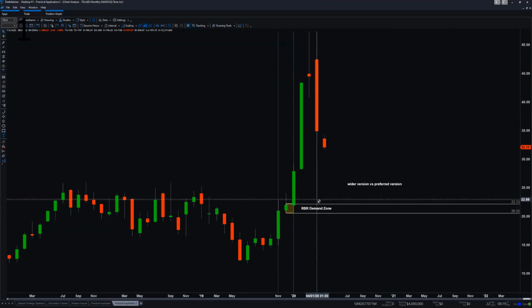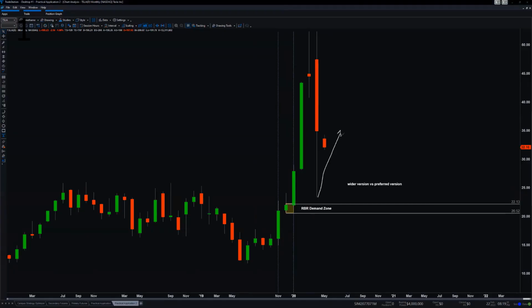And therefore, we would have not been in this trade because price moved higher from here. It didn't move higher from here. So again, sometimes we need the wider version. Sometimes it's better to use the preferred version. Most of the time, it's the preferred version that we will be using, hence the name preferred.